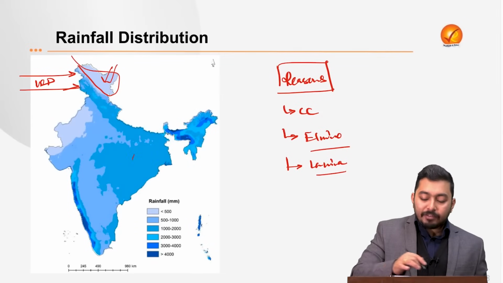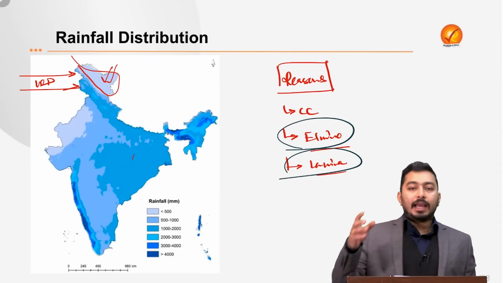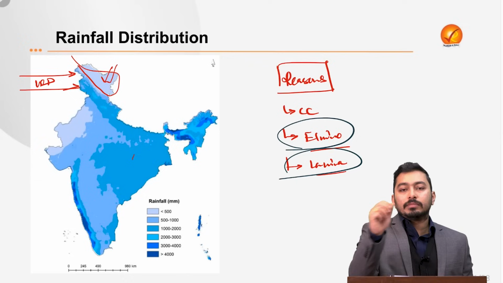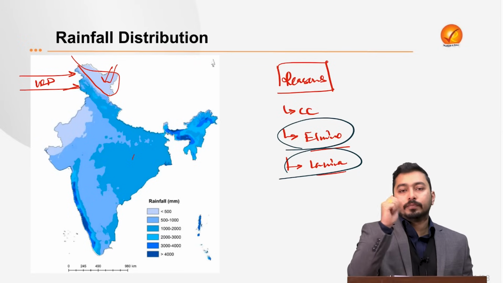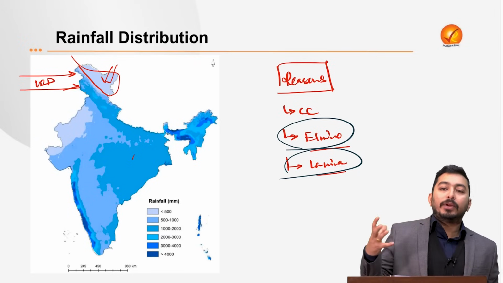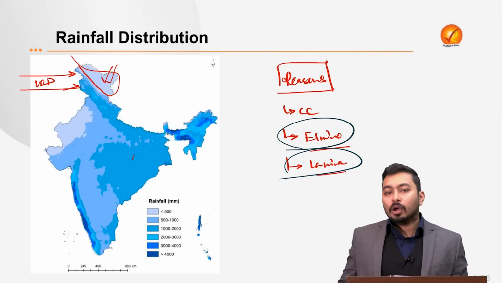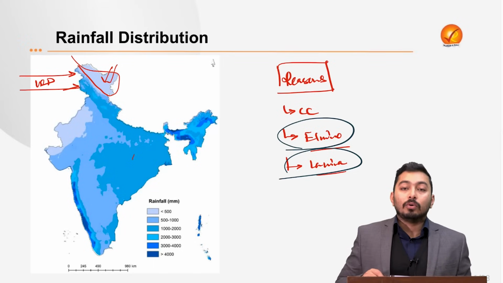So if you have an El Nino or a La Nina, you are essentially saying that I am changing the pressure systems near the coast of Peru. So if I am doing that, will it also not affect the pressure systems in Darwin, Australia, or for that matter the Mascarene High, or for that matter the Tibetan Low?